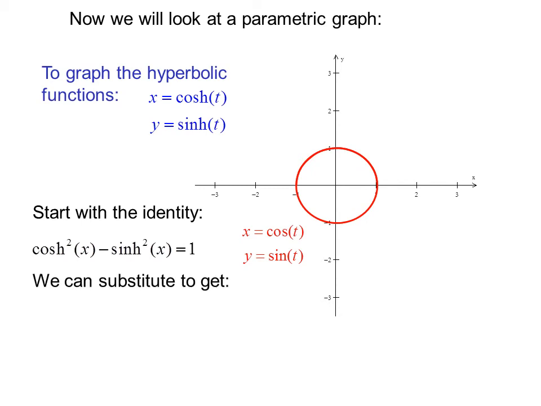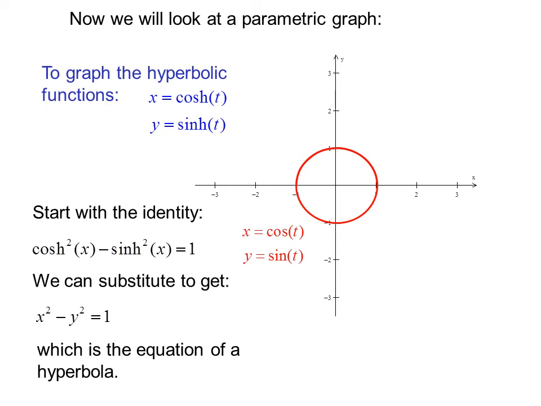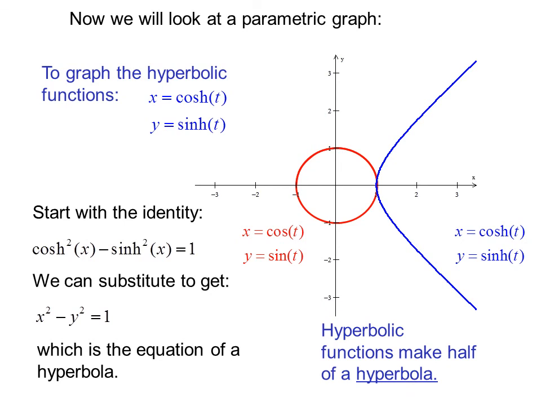We can substitute to get x squared minus y squared equals 1, which is the equation of a hyperbola. So graphing x equals cosh t, y equals sinh t, we get half a hyperbola. These hyperbolic functions make half a hyperbola, hence the hyperbolic in hyperbolic functions.